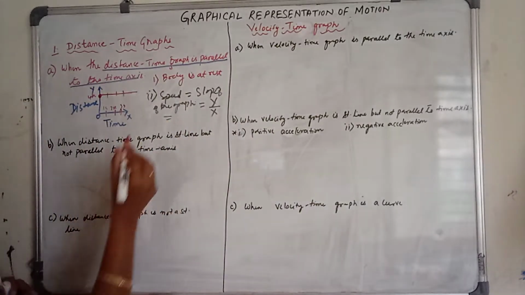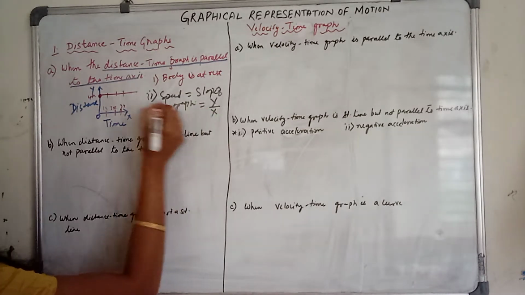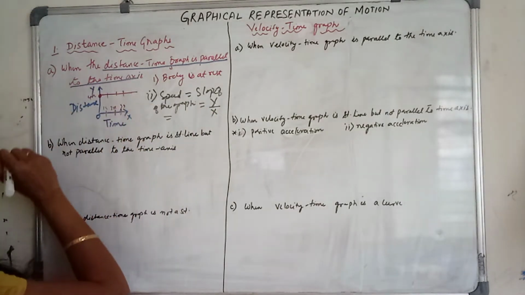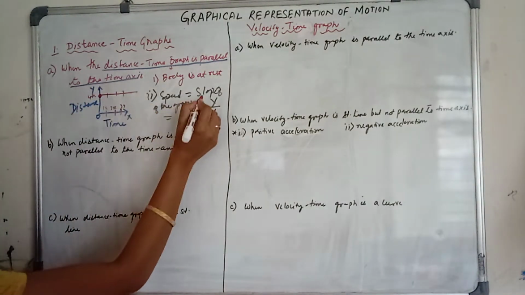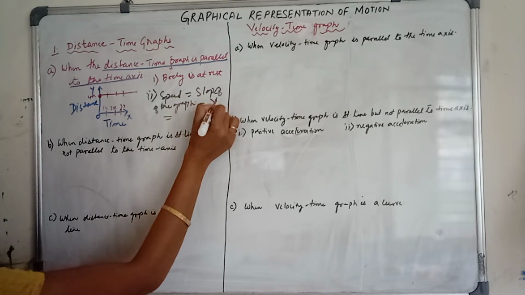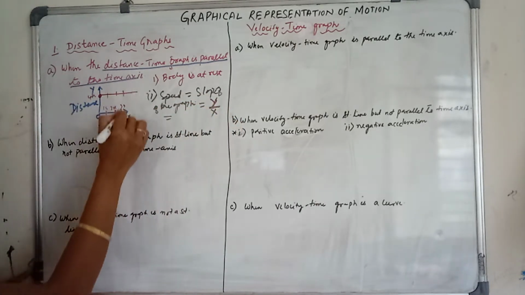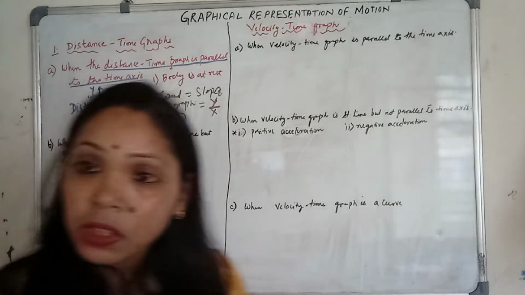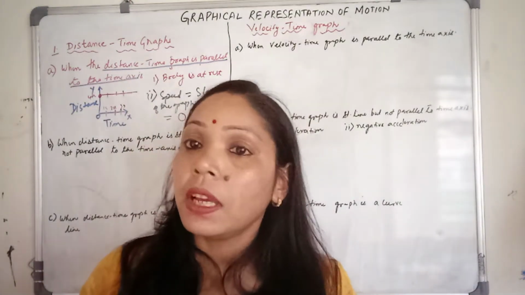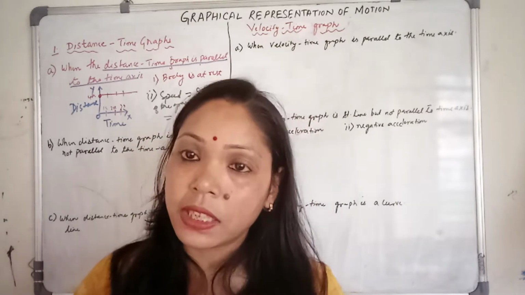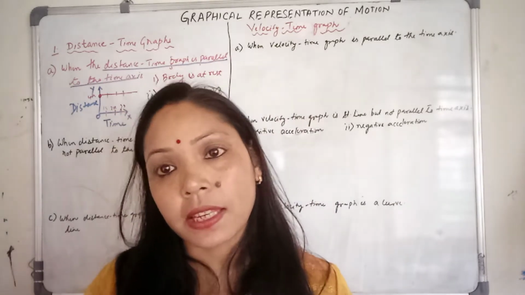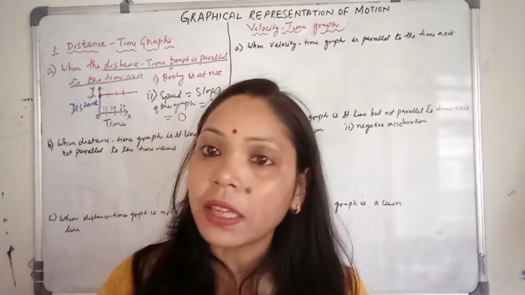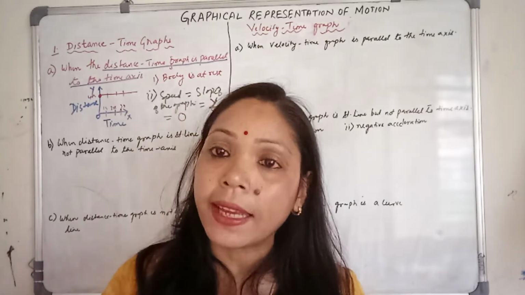So the slope of the graph will be y by x. Now if we see here, we can write this slope as 0. Why is the slope 0? Because here the y-axis is not changing, only the x-axis is changing. That is why here the slope is 0.